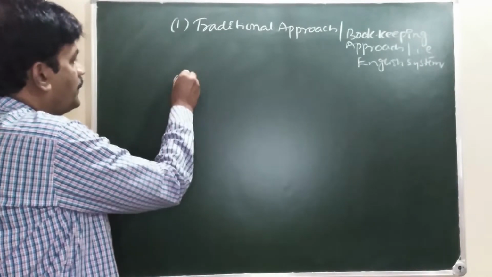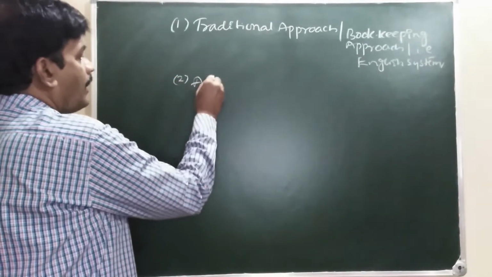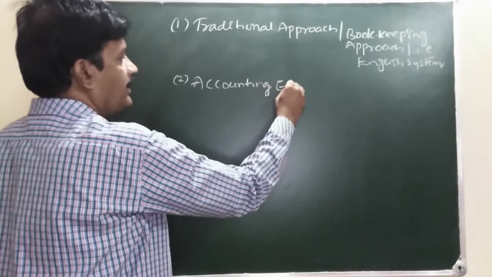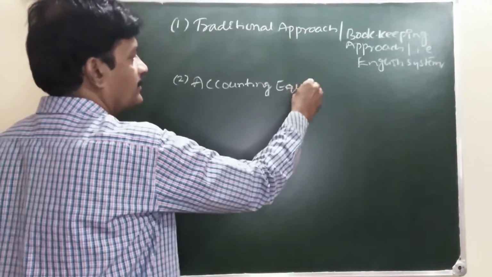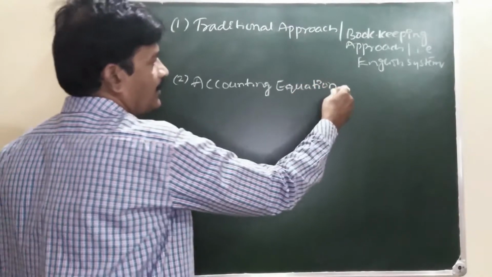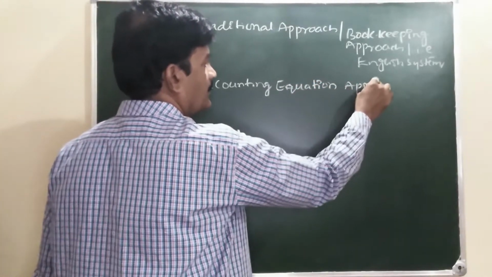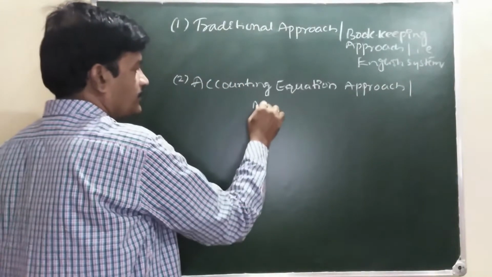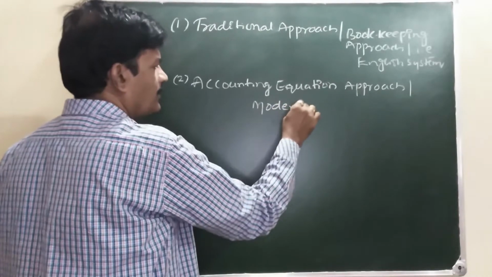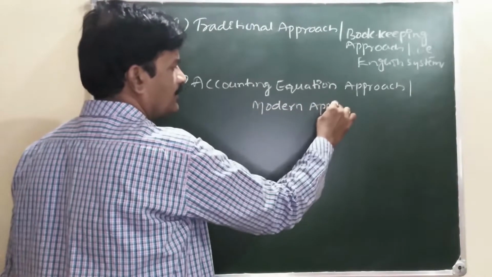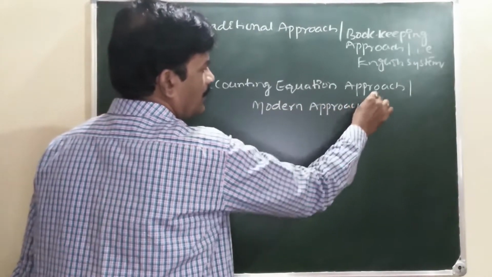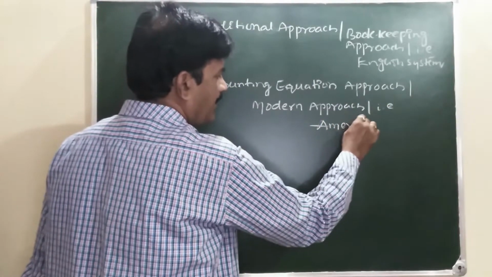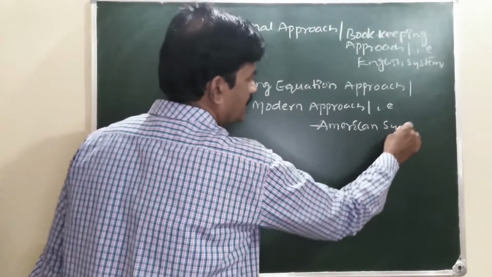Number two, accounting equation approach, also known as modern approach, that is American system.